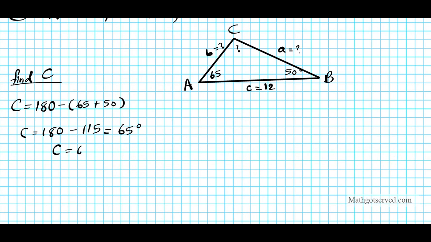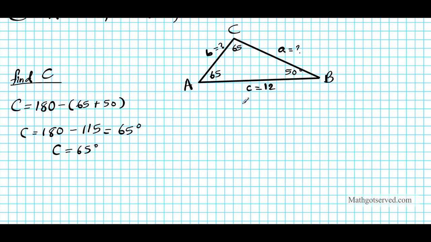So angle C equals 65 degrees. Now we can start figuring out the measures of the sides.